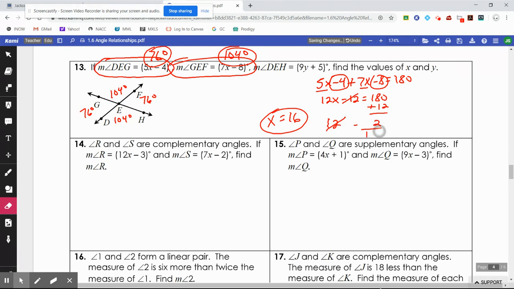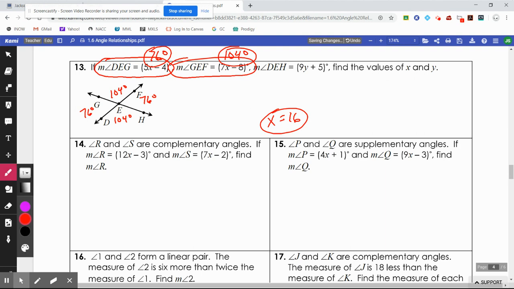So what I can do now, I'm done with my x's. Nowhere in the problem do I have x's anymore. X is 16, so every x value can be replaced with the number 16. So what I'm going to do now, since DEH, let me use a different color here, since DEH, which is this angle right here, is equal to 9y plus 5, I can now say 9y plus 5 has to equal 104 because this angle was equal to 104.